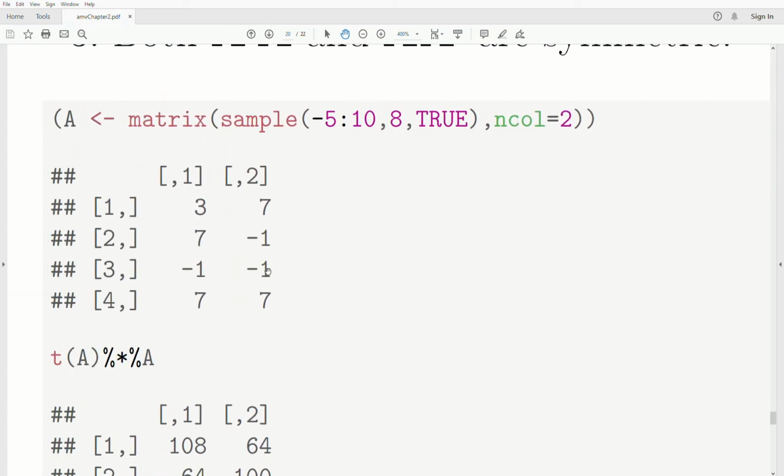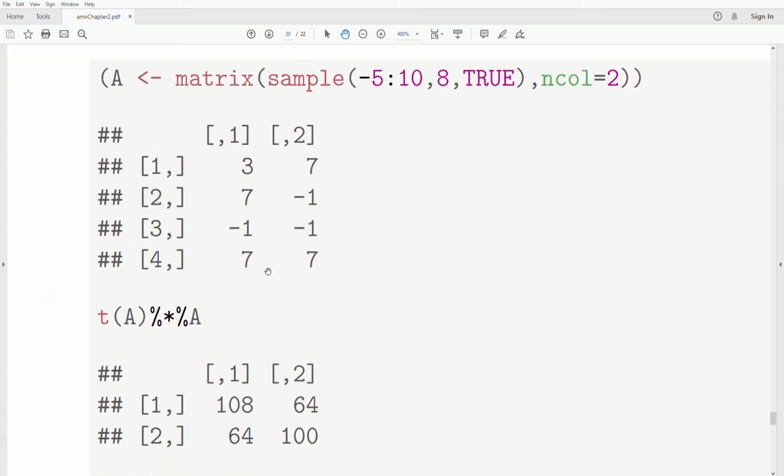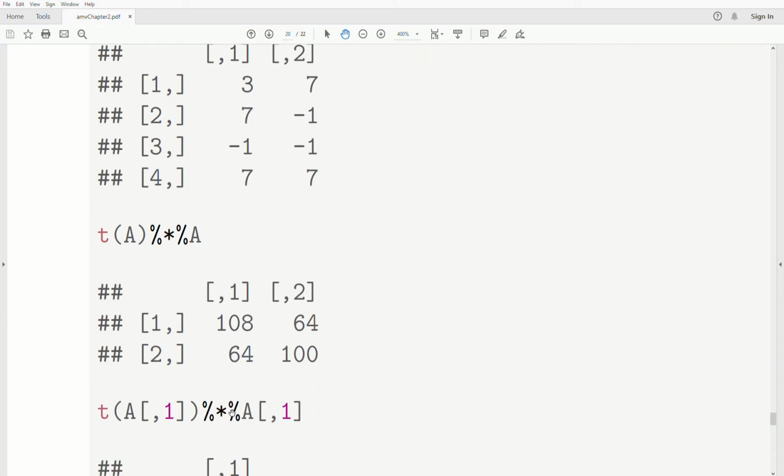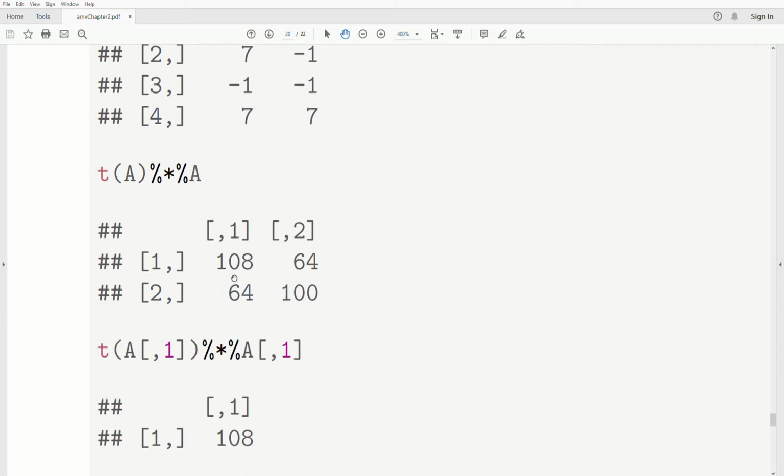So we have a matrix A, and we look at A transpose A. A is 4 by 2, so this creates a 2 by 2 matrix. This entry of the result, the 1, 1 entry, is the dot product of column 1 with itself, which is 108.